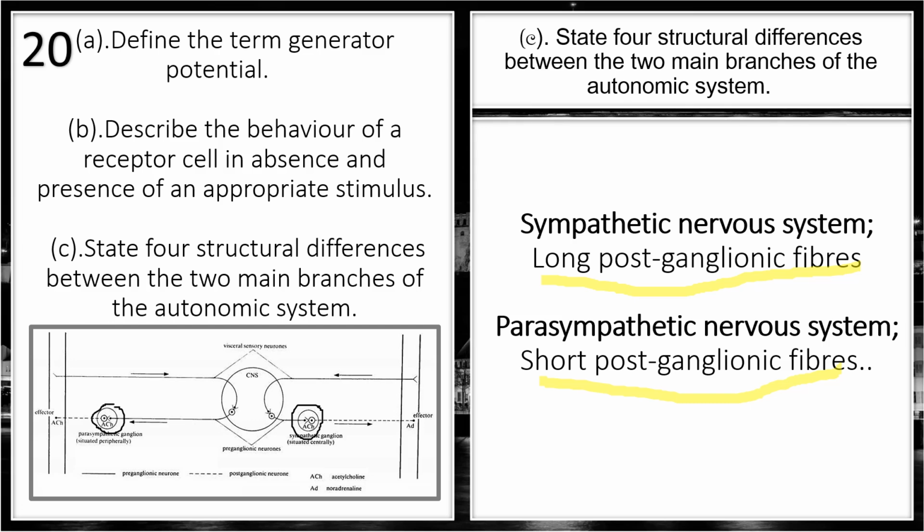So this fiber here is the postganglionic fiber of the sympathetic, and this one, from here going to the effector, is the postganglionic fiber of the parasympathetic nervous system. So you can see that the postganglionic fiber of the sympathetic nervous system is longer than the postganglionic fiber of the parasympathetic.